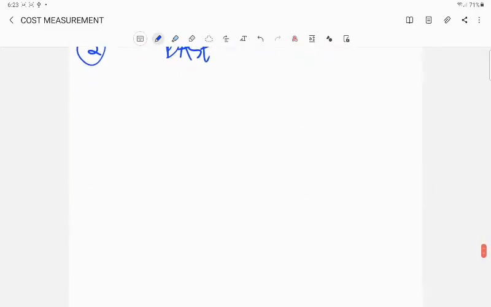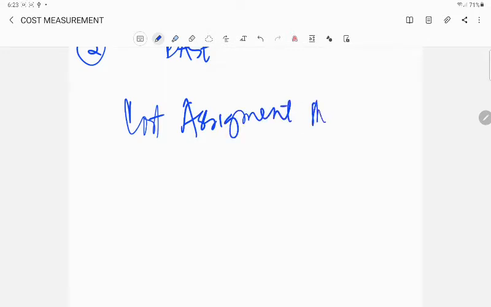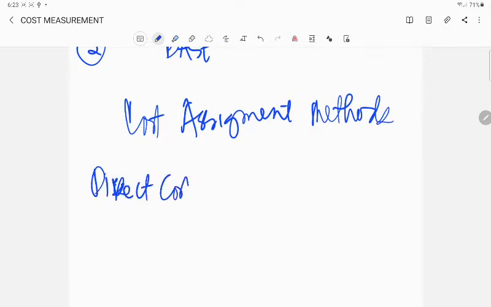Punta na tayo sa cost assignment methods. What are the cost assignment methods? Okay. It's better pala pag huwag na lang number. Yan. Siyempre, meron tayong direct cost based on traceability, direct cost, and indirect cost.